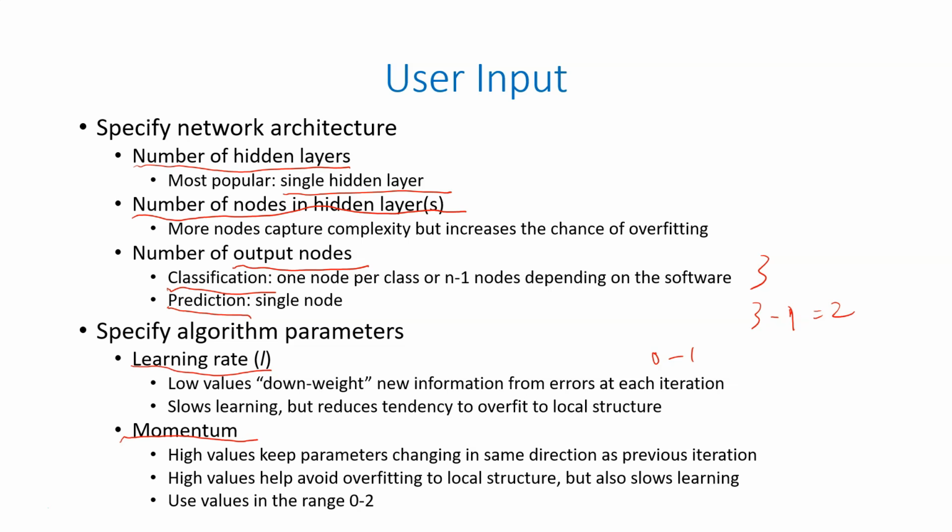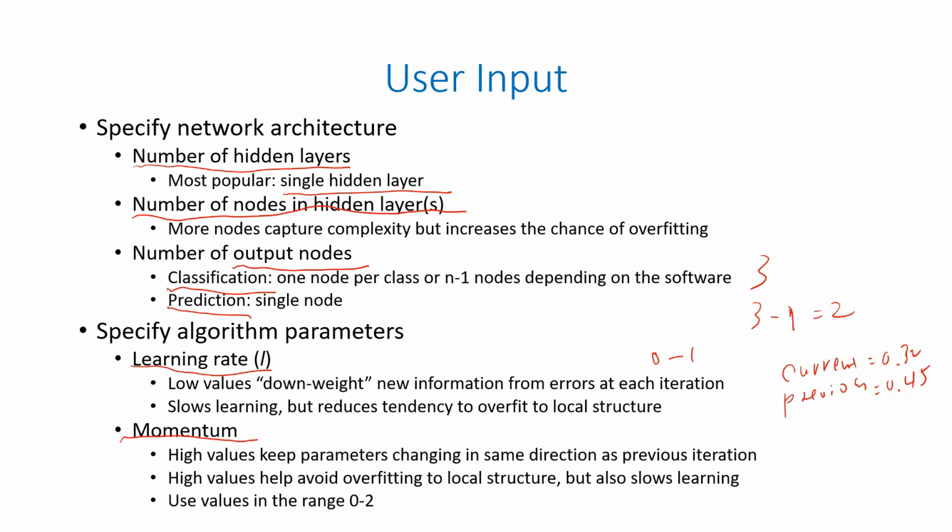For example, suppose that the weight adjustment for the current iteration is computed to be 0.32. And the weight adjustment for the previous iteration is 0.45.